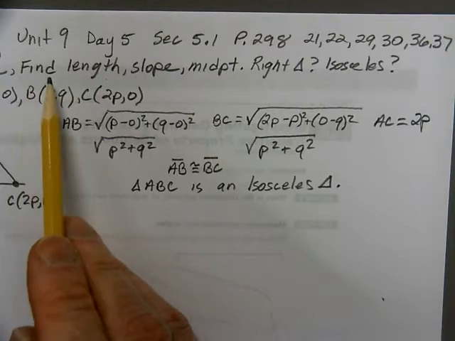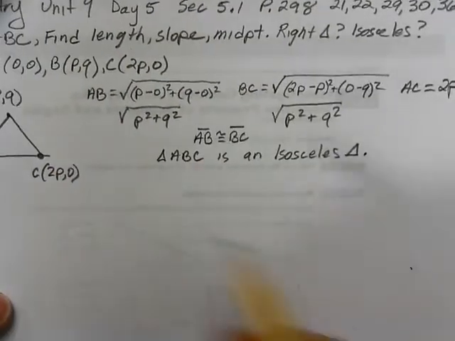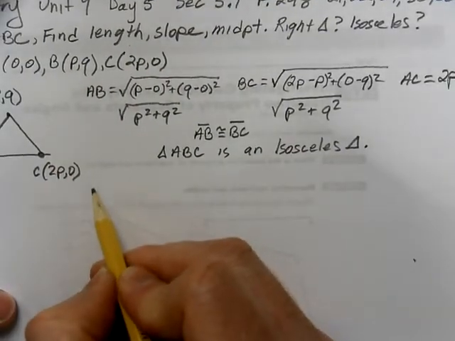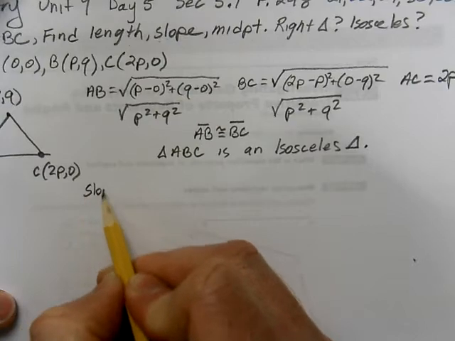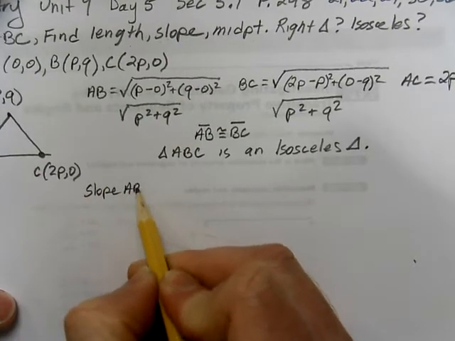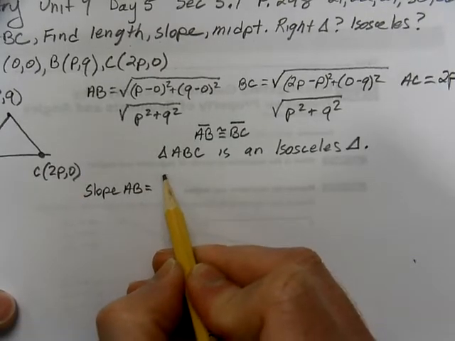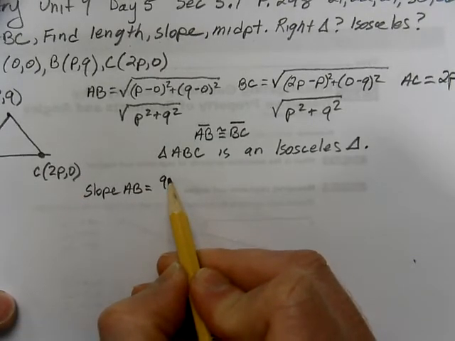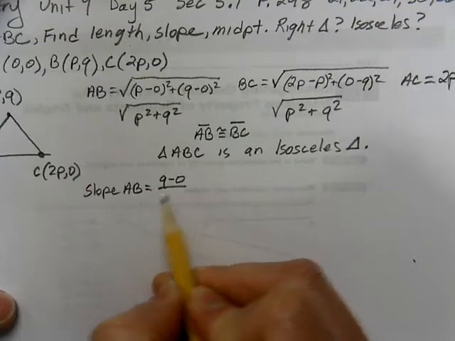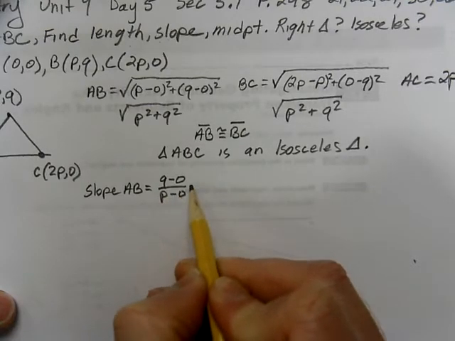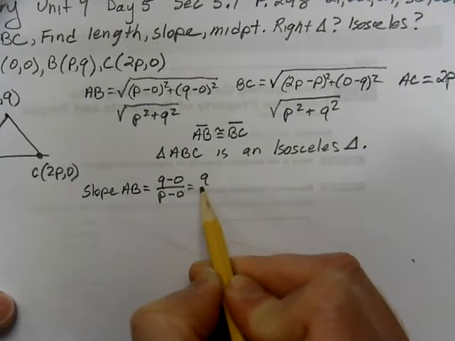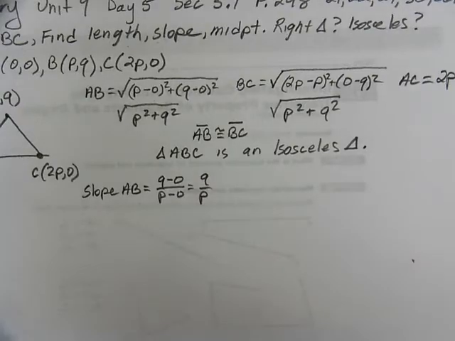Now let's figure out what the slopes are. Slope AB is going to be y2 minus y1 over x2 minus x1, so that's q over p.